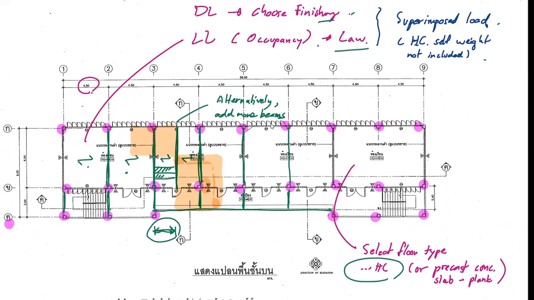So when you reduce the length of your hollow core by half, it means you reduce the bending moment 4 times, because it's WL squared over 8. So when length is 2 times longer, bending moment is 4 times greater.